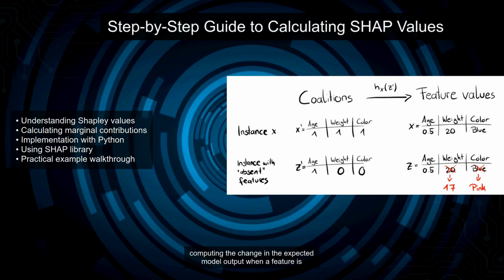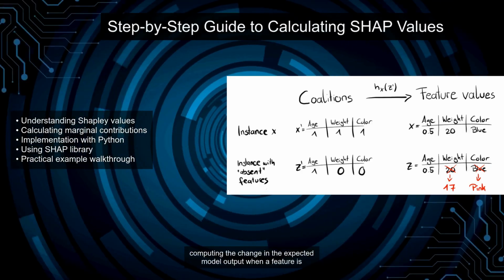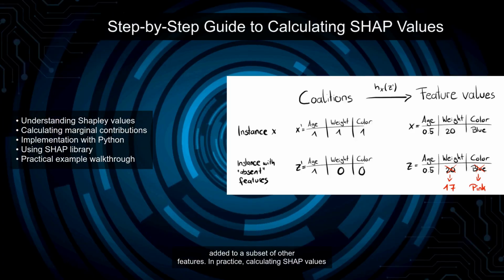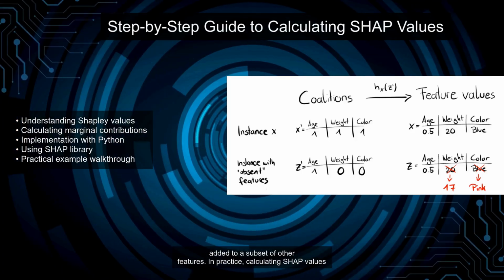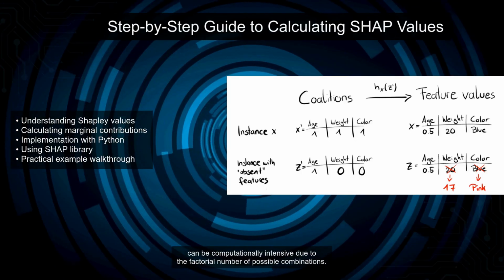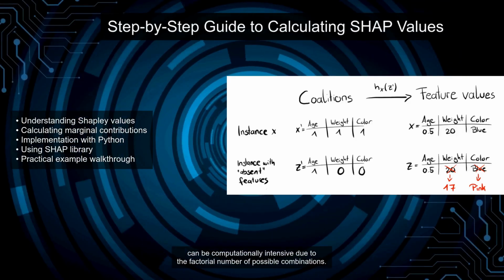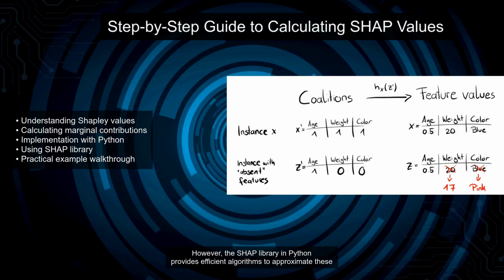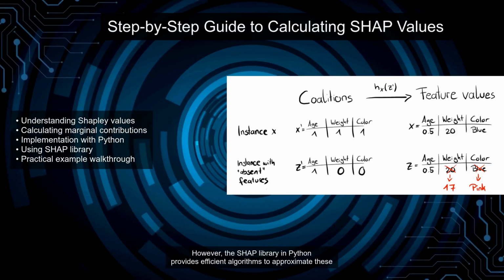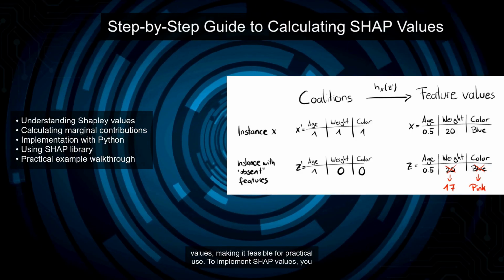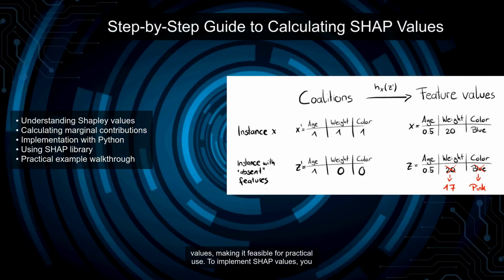This involves computing the change in the expected model output when a feature is added to a subset of other features. In practice, calculating SHAP values can be computationally intensive due to the factorial number of possible combinations. However, the SHAP library in Python provides efficient algorithms to approximate these values, making it feasible for practical use.